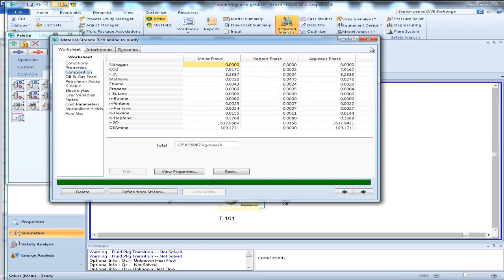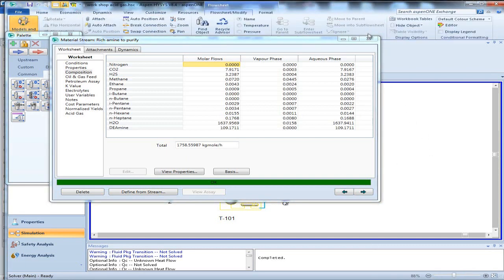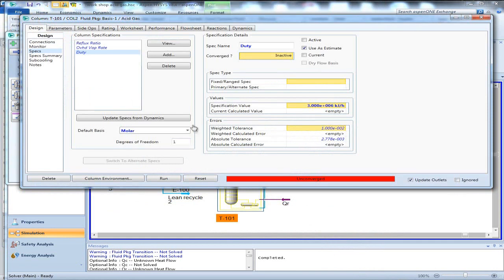Total is about 11. So that is the value, 11 kilomole per hour. Then we can give that value at 11 kilomole per hour and we activate that.